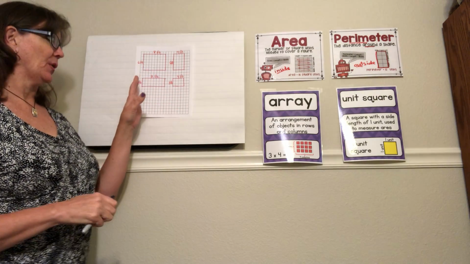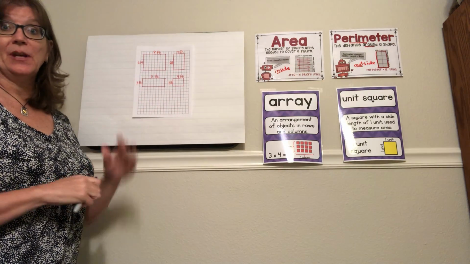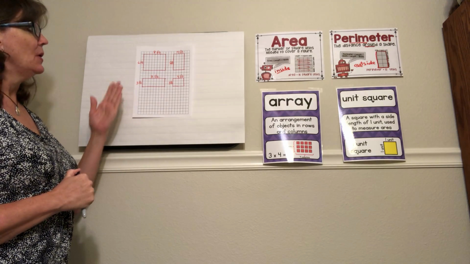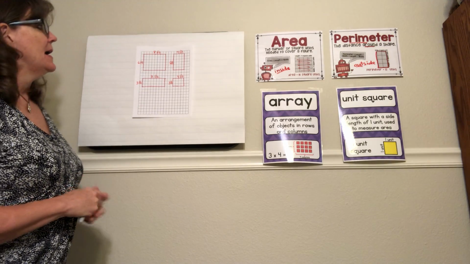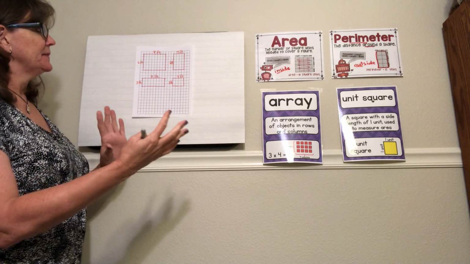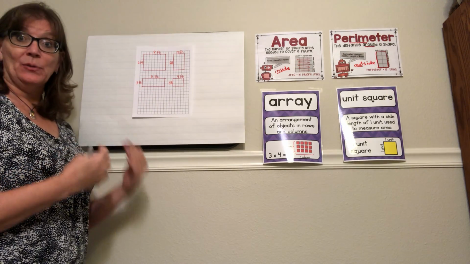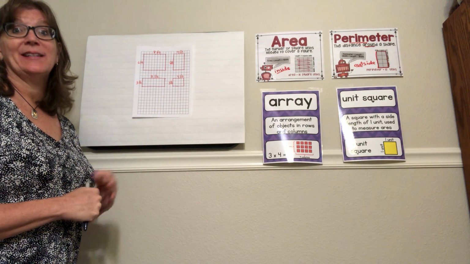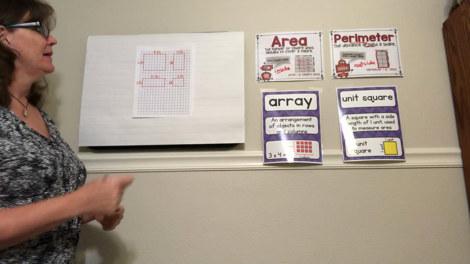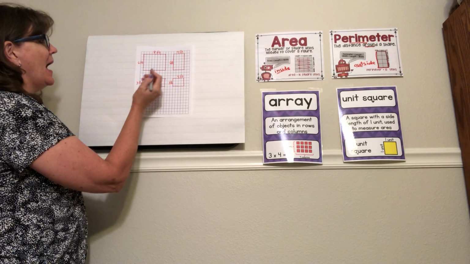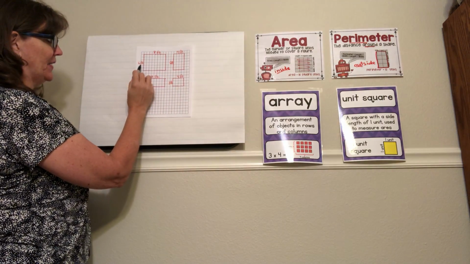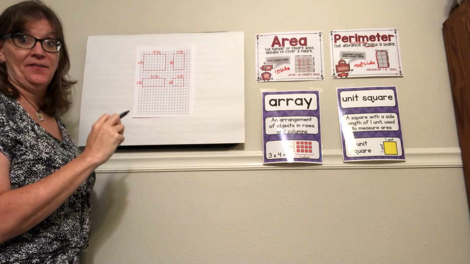I have 4 different shapes up on the board. They're all rectangles. I want you to notice what is similar about these rectangles and what is different about these rectangles, okay? For this first one, I have 6 feet and I have 8 feet.